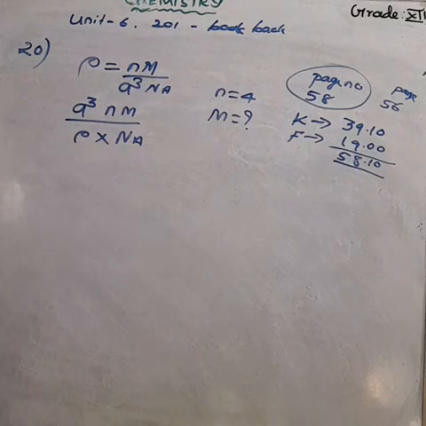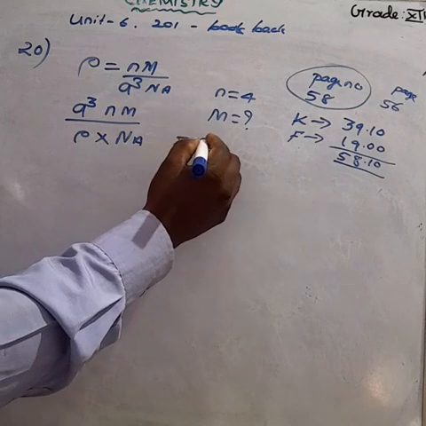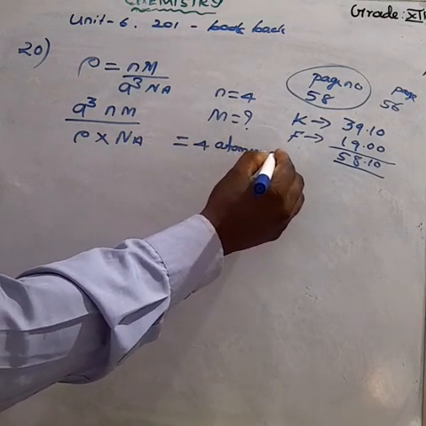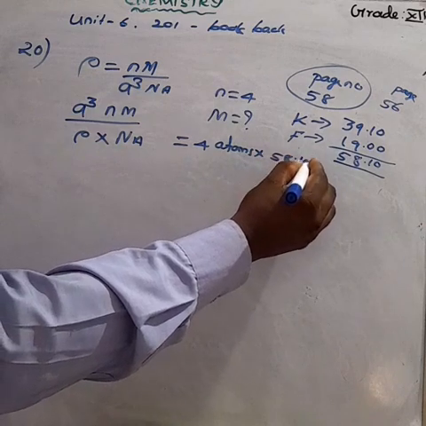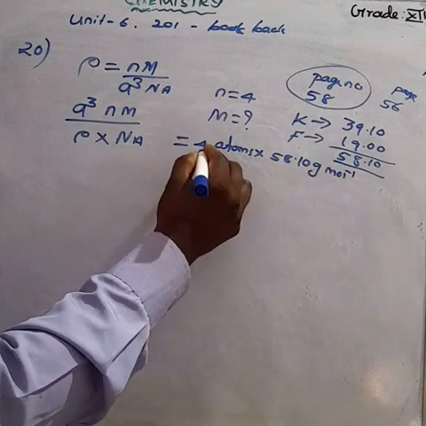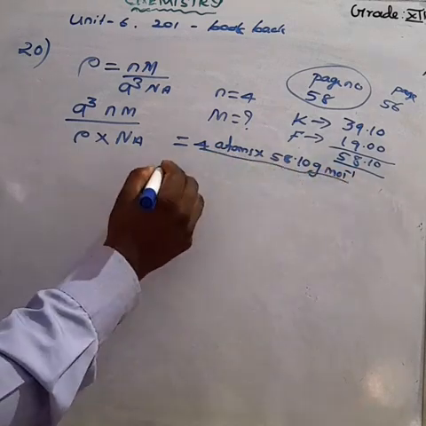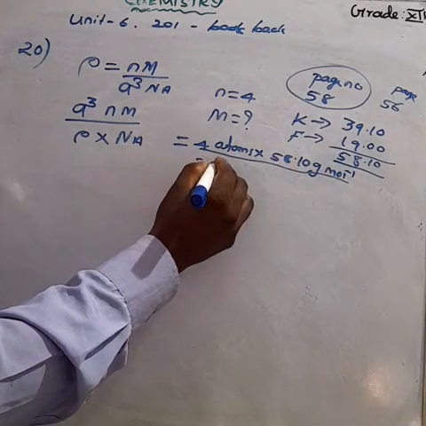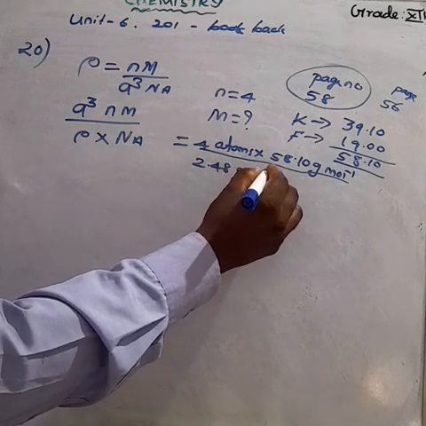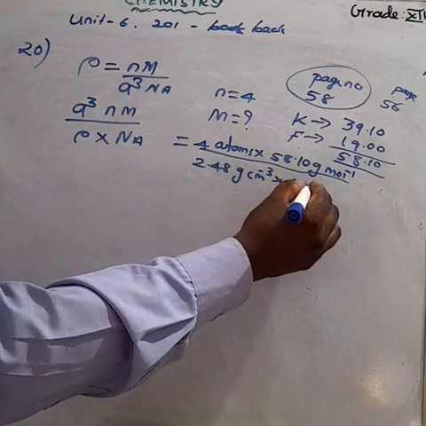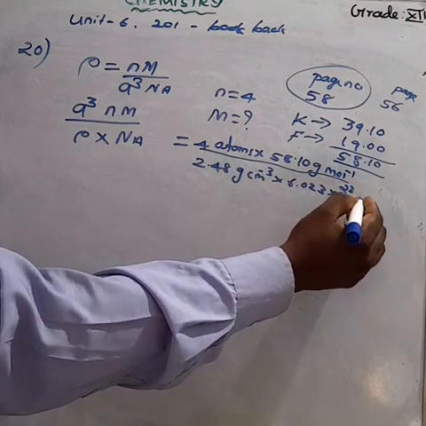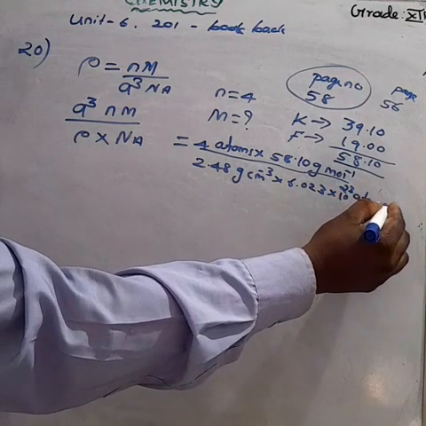a cube is equal to n, that is 4 atoms, into molar mass 58.10 gram mole inverse divided by rho. Rho value is 2.48 gram centimeter raised to minus 3 into Avogadro number 6.023 into 10 raised to 23 atoms mole raised to minus 1.